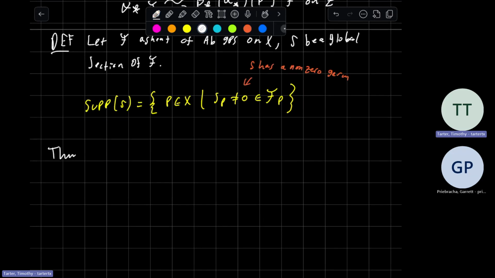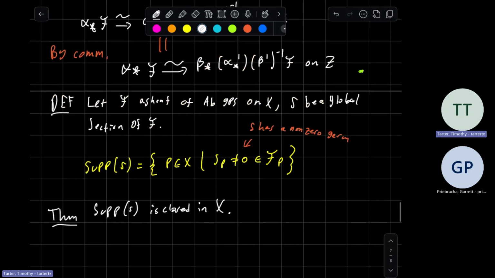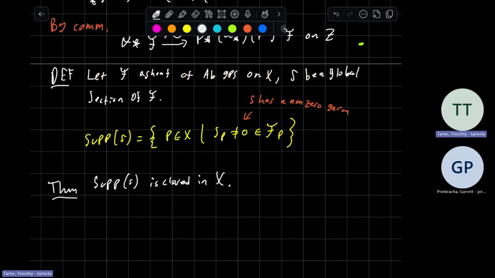So theorem: the support of s is closed in X, meaning it's the complement of an open set. So it's all of the points in X which have non-zero germs.